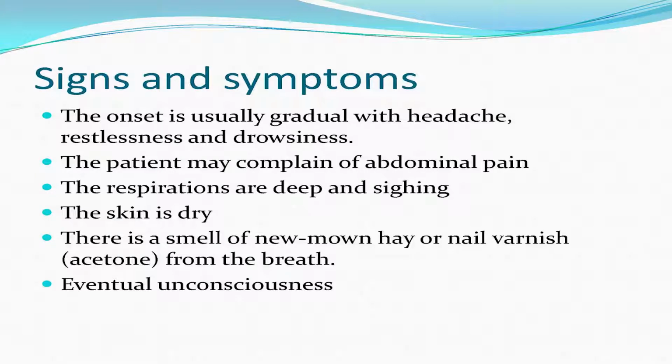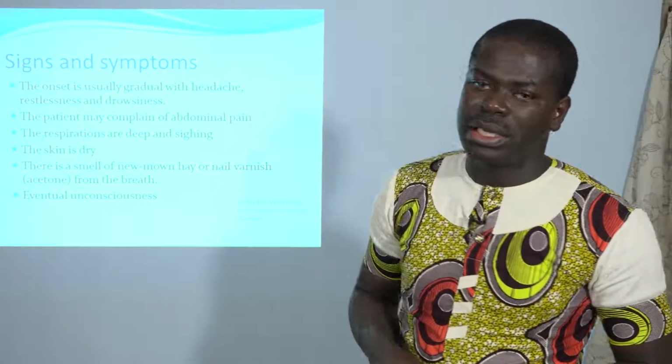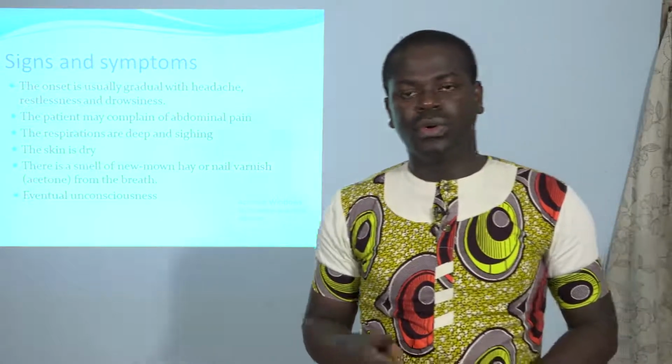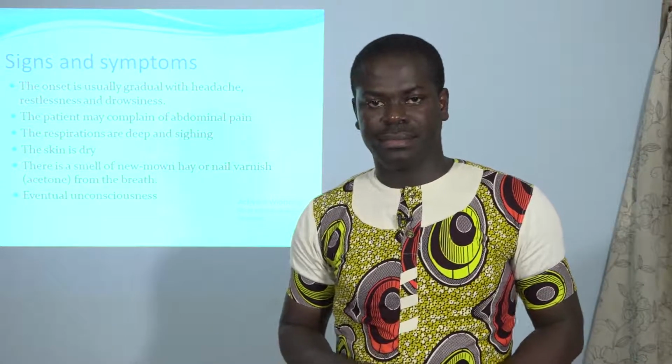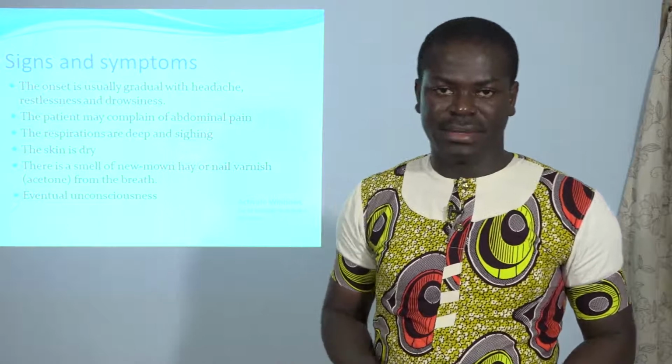The respirations are deep and sighing with diabetic coma. The respiration is deep and sighing, but the skin is dry. The skin is dry because glucose is water-loving. Glucose is hydrophilic.